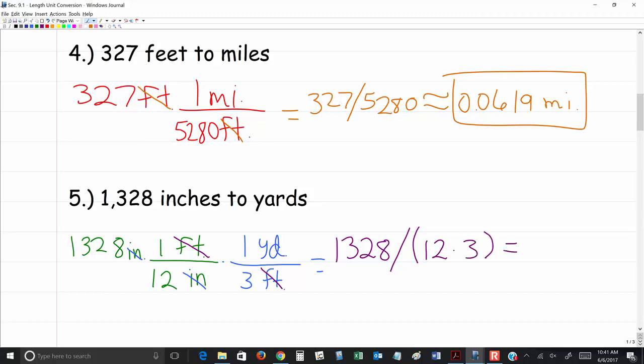Okay? That's how that will be in your calculator. So that's approximately 36.89 yards.